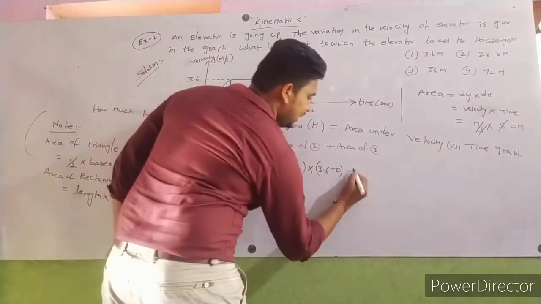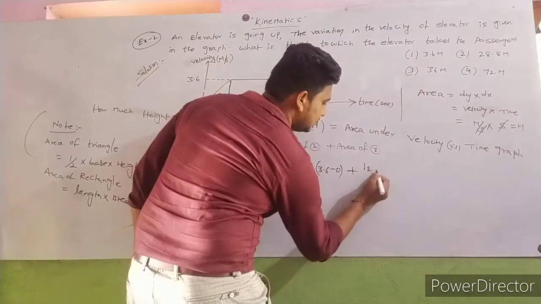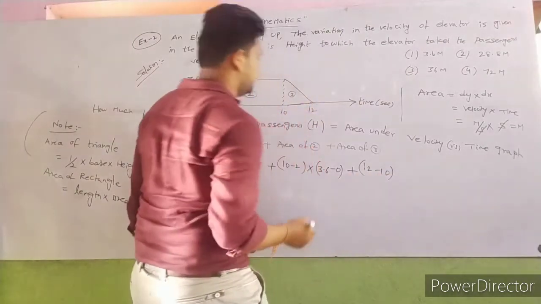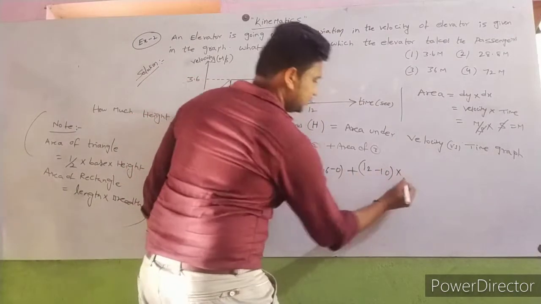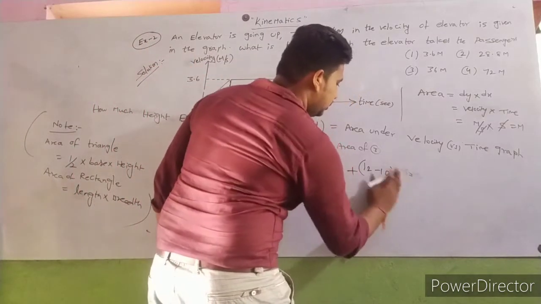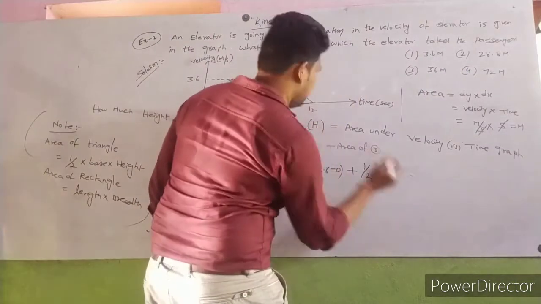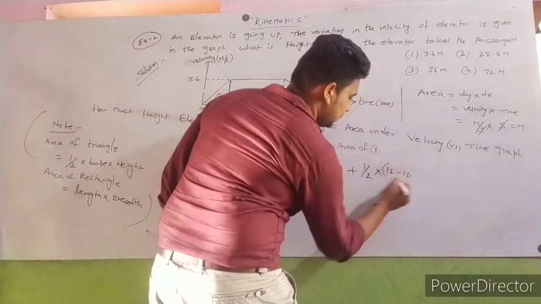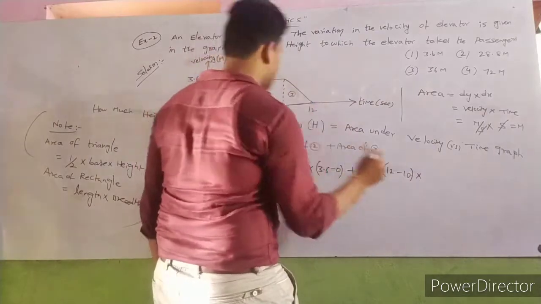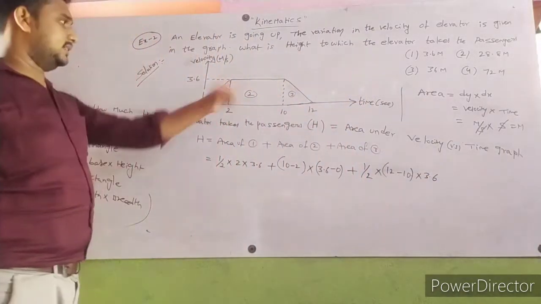Next, area of 3. How to find the area of 3? Base we got 12 minus 10. Height is 3.6. Half into base into height. So 3 is a triangle here.